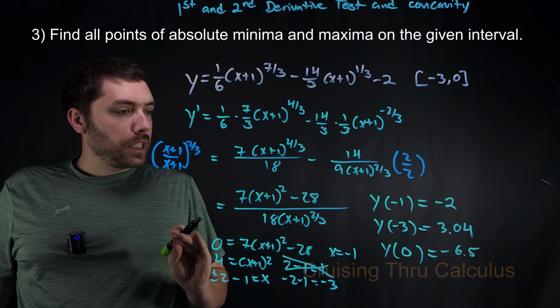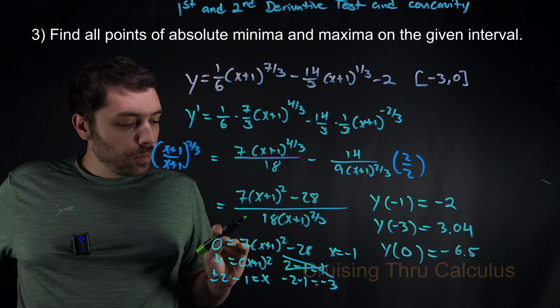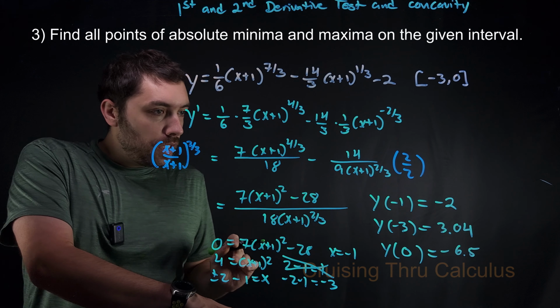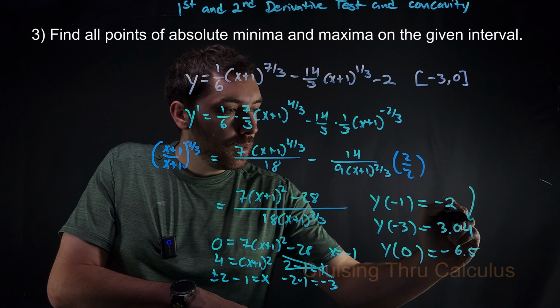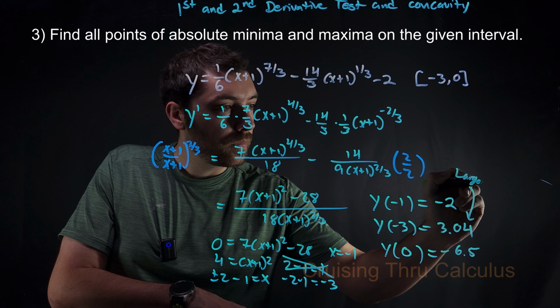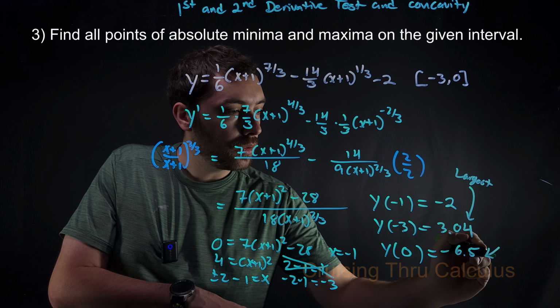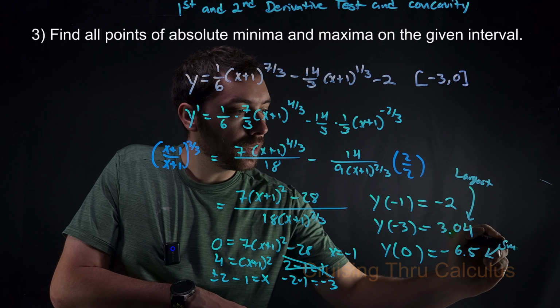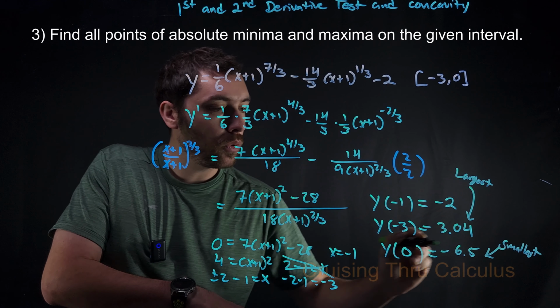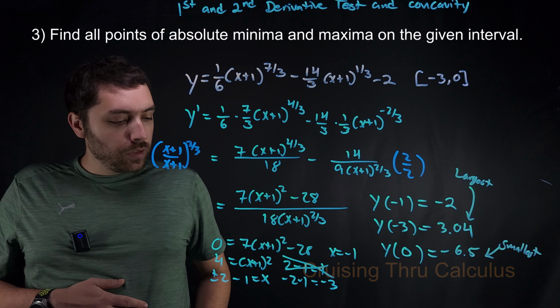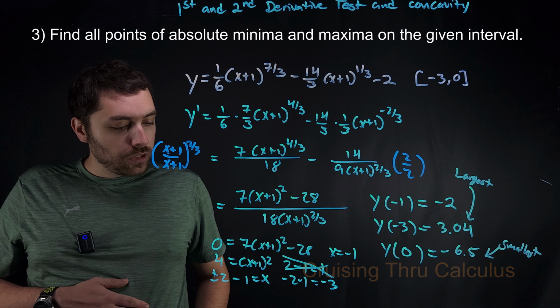Now that we've done this, what we need to do is find the largest number and the smallest number. So I hope you can see here that the largest number is going to be 3.04. The smallest number, or maybe the most negative, if you will, is going to be this negative 6.5 number here. So in other words, we have everything that we need in order to answer this question.